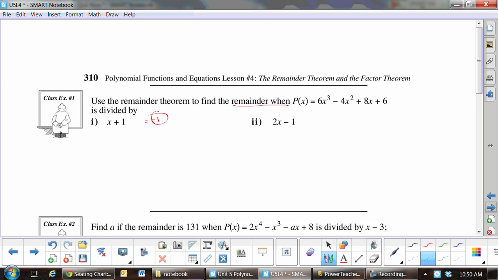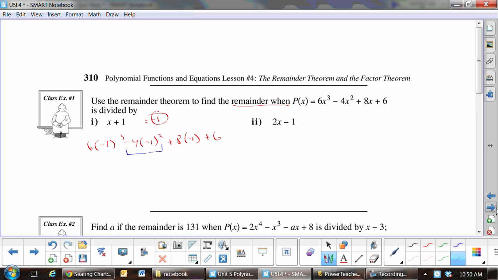So 6 times (-1) cubed minus 4 times (-1) squared plus 8 times -1, plus 6. Now just be careful, this one catches a lot of you. Some of you go 4 times -1, and you square the 1.